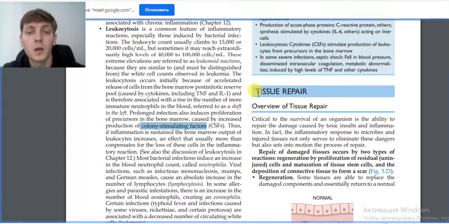But you remember that in the acute phase we need recruitment of a lot of neutrophils. When we need too many neutrophils at one moment, it causes the formation of young neutrophils in the blood. So it promotes the release of neutrophils, even immature neutrophils, into the blood, and it causes a shift to the left.